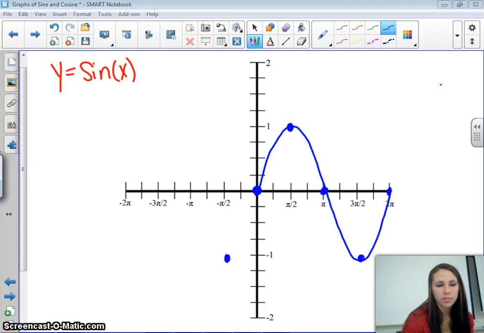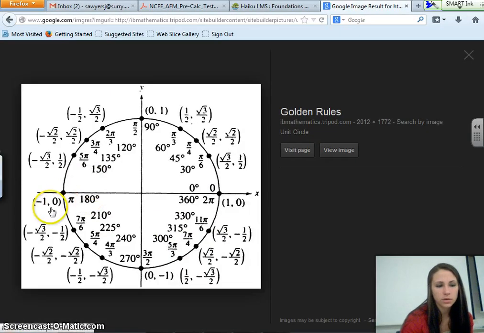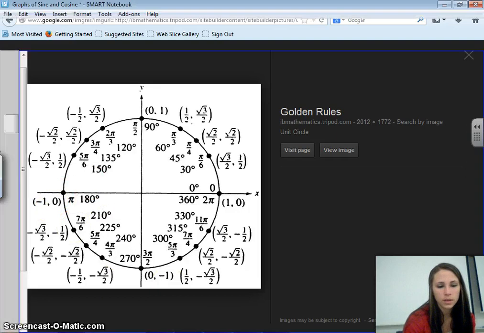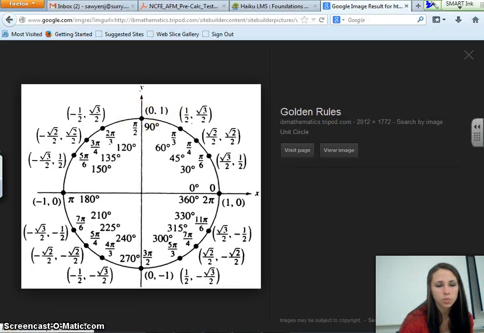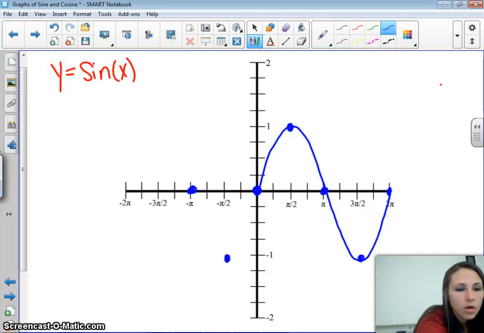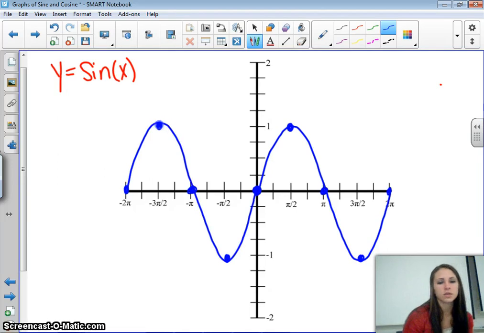At negative pi, that would be right here, my point would be at 0, so back through the x-axis. At negative 3 pi over 2, that's going to be up here, which is 1. Then all the way back around to negative 2 pi is going to be back down at 0. And so my negative side looks like that.